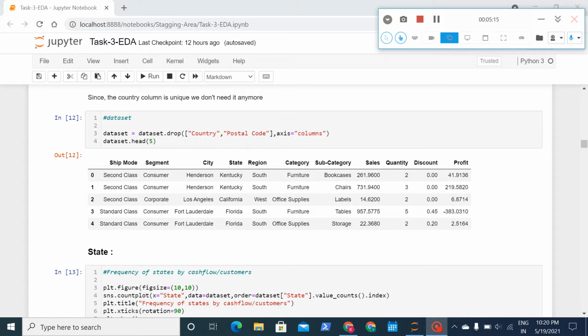So we are removing unnecessary columns from the dataset. Using the drop method, we will remove these columns and store the result in the dataset variable. And you can now see, using the head method, that the resultant dataset doesn't have any columns named country and postal code.